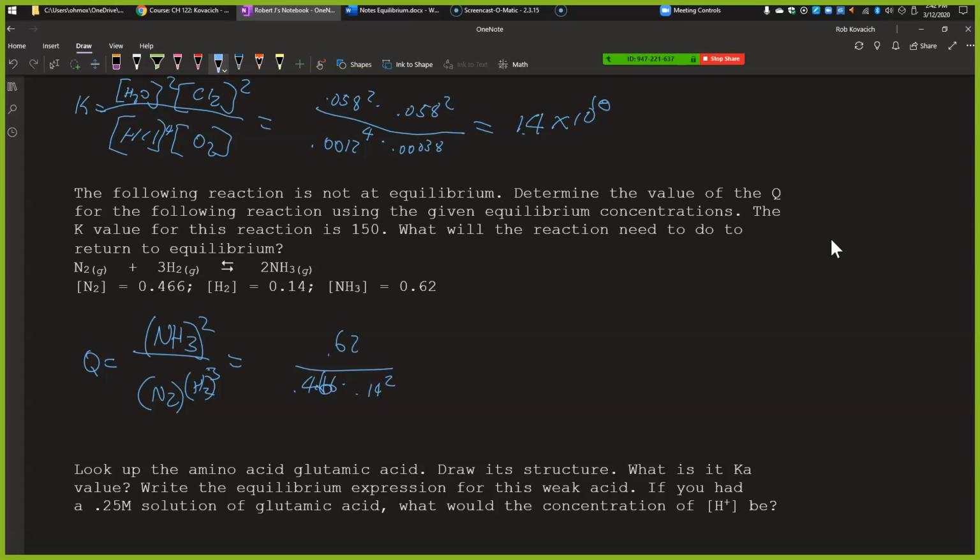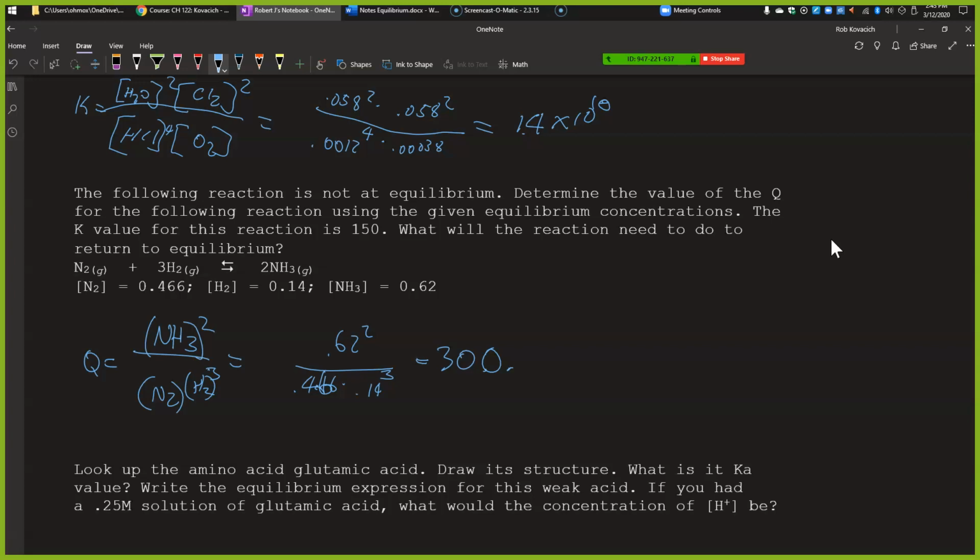I don't know why I put squared. Let me erase that. Cubed. So I've got 0.62 squared divided by 0.466 divided by 0.14 cubed. So this works out to be 300.